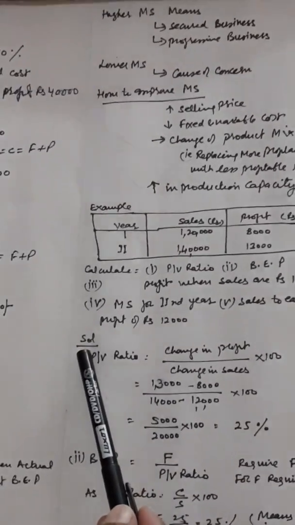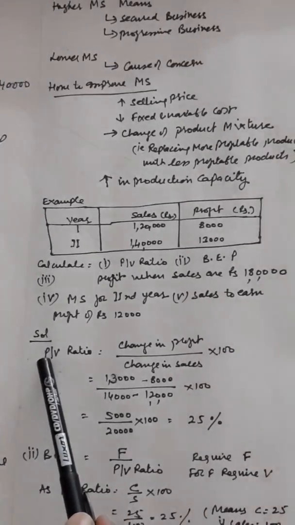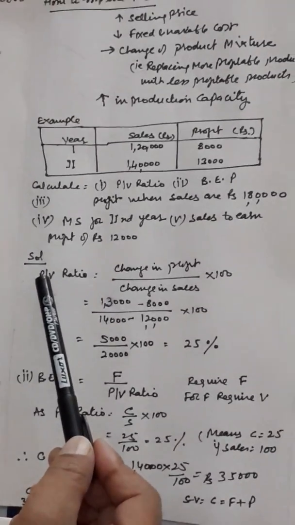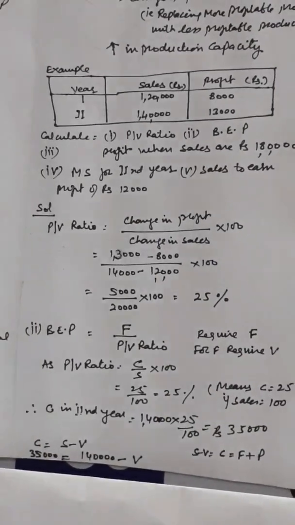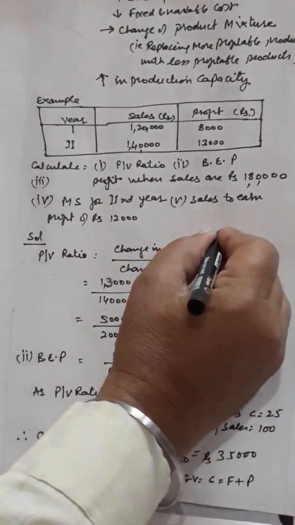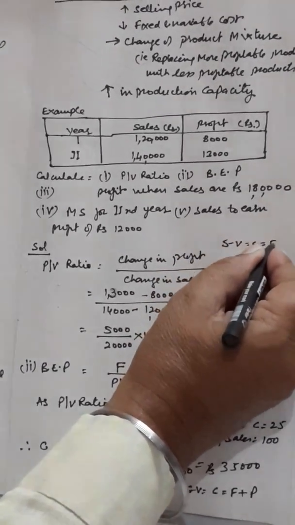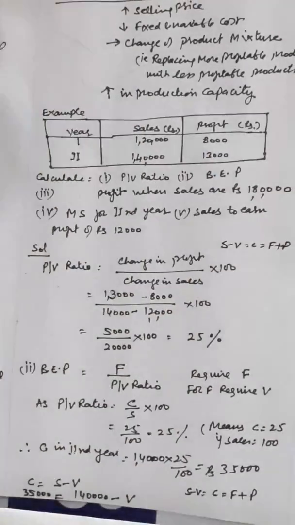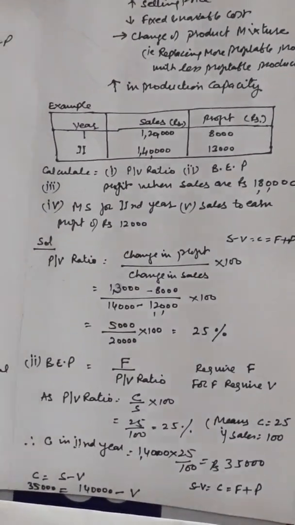So now come to the solution aspect of this question. First of all, in every practical question, we are to write down the marginal cost equation. Marginal cost equation is S minus V is equal to C is equal to F plus P. Then we are to calculate PV ratio.